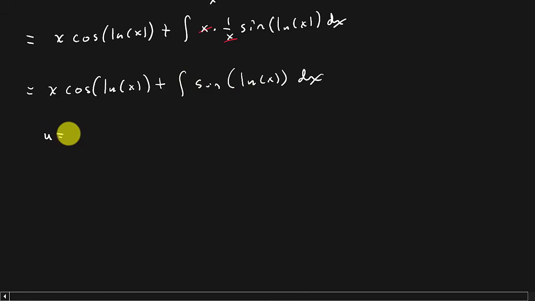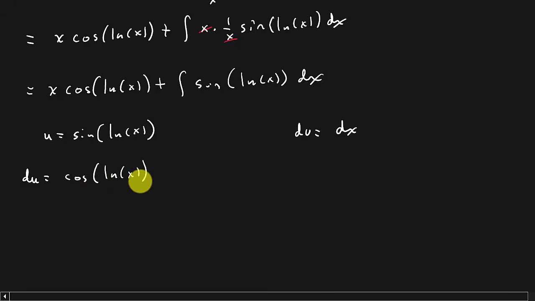So we're going to let u equal sine natural log x, and then we're going to let dv equal dx. And so we get du, well, the derivative of sine is cosine, and then times the derivative of what you're taking the sine of.